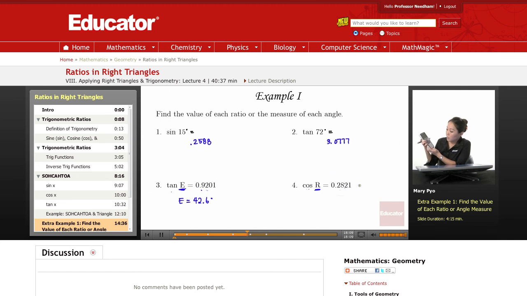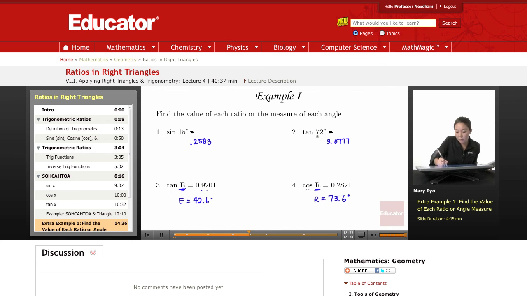But what we have to do is tell the calculator that that number is not the angle measure. Don't forget to do inverse cosine, and then the calculator will give you the angle measure, 73.6 degrees. So just be very, very careful with that.